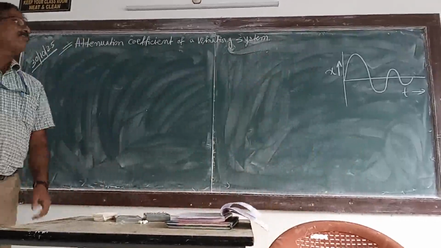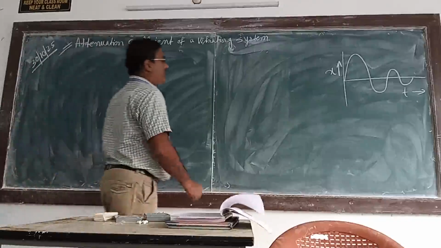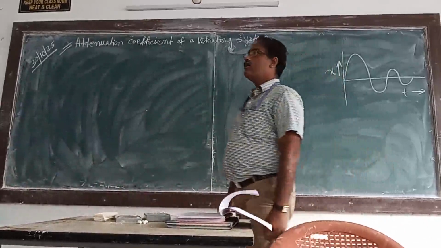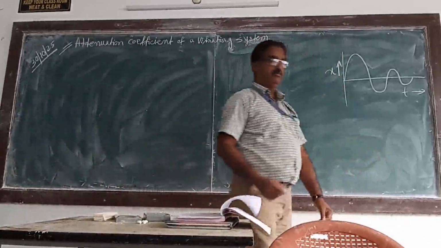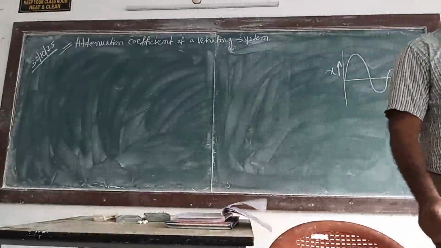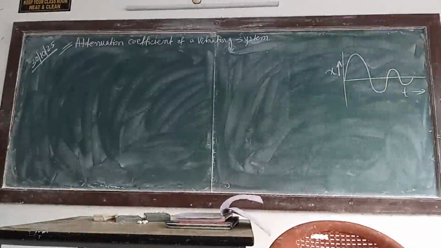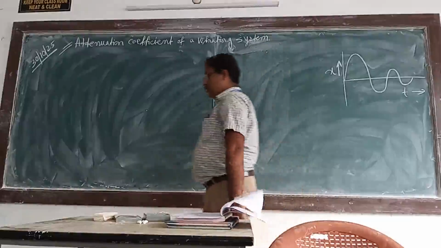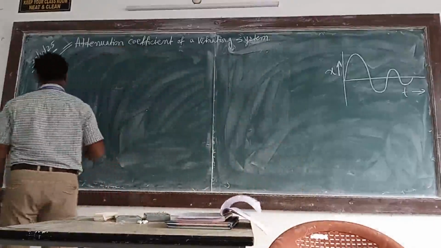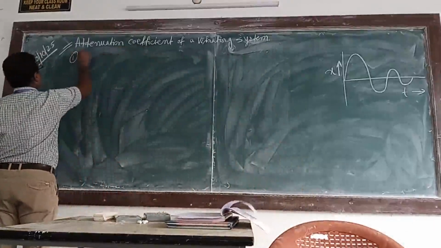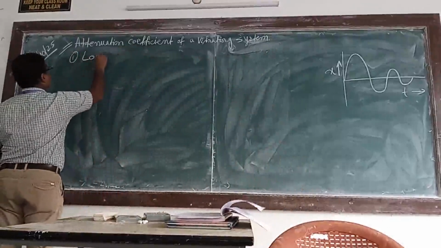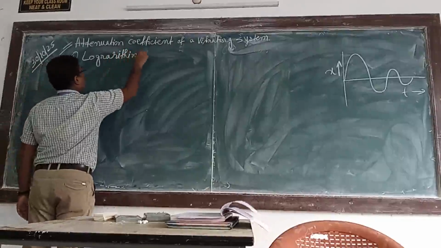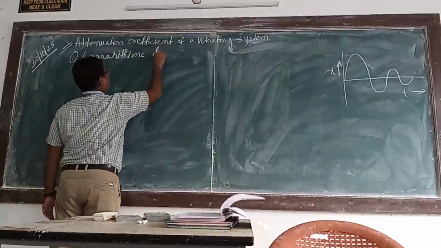In the next paragraph, there are three types of attenuation coefficient. Number one, logarithmic decrement.